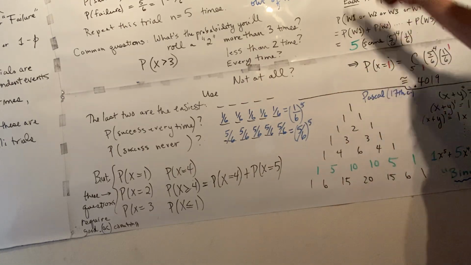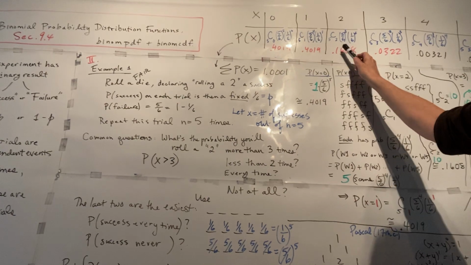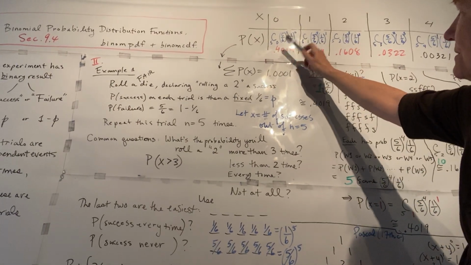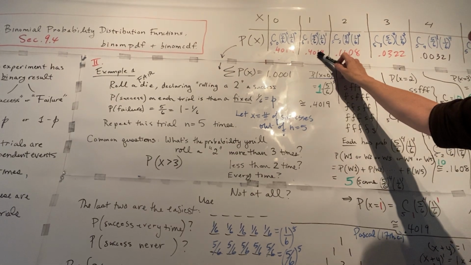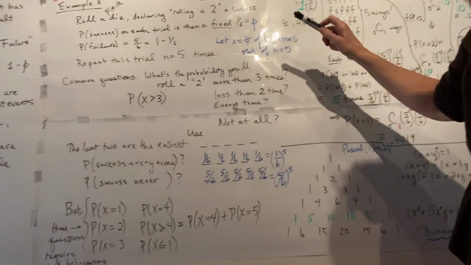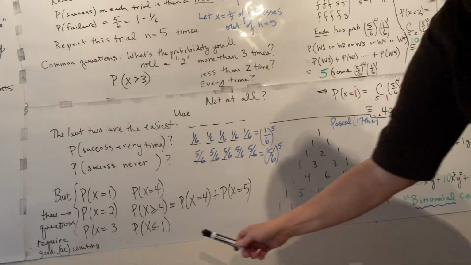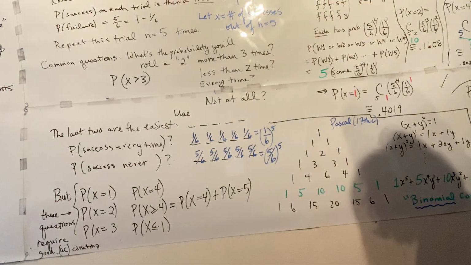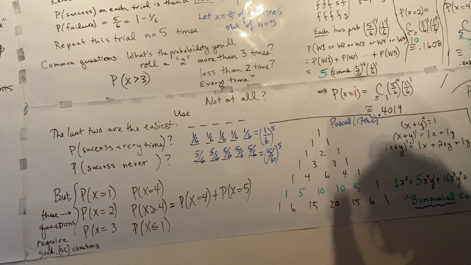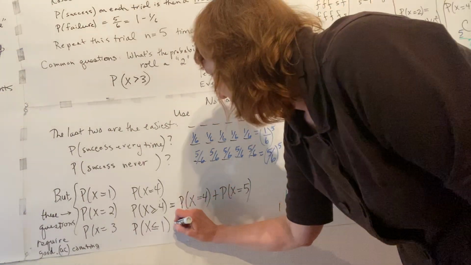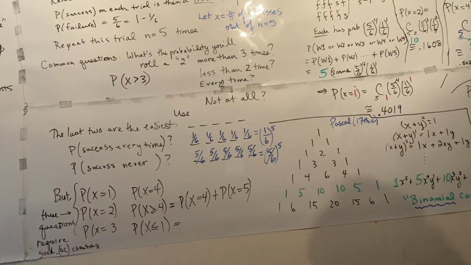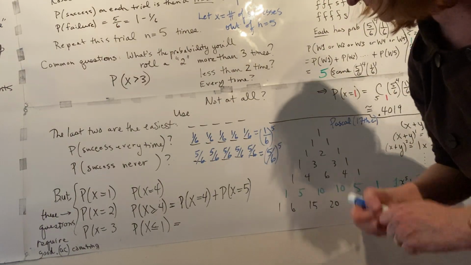Fewer than 2. So if you're fewer than 2, here's 2 and above. Fewer than 2, that's x equal to 0 or x equal to 1. That is the same thing as saying, what's the probability that the number of successes is less than or equal to 1? Well, now we have something other than just calculating the sum of those 2 probabilities if we have the probability distribution in front of us.